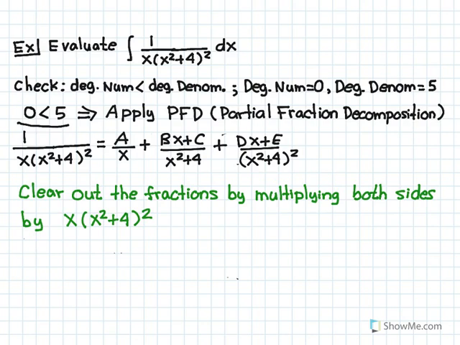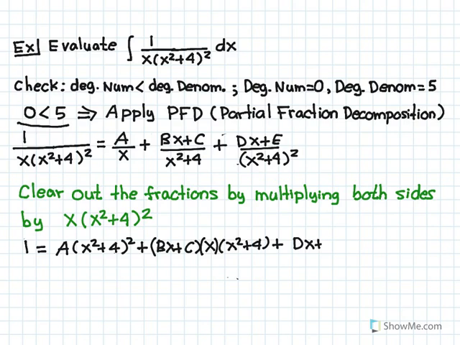On the left-hand side, we're going to get 1. On the right-hand side, we're going to get a times x squared plus 4 all squared plus, multiplied by the second term, we get bx plus c times x squared plus 4. Let's put the x in brackets as well. Plus, and the last term, we're going to get dx plus e multiplied by x.